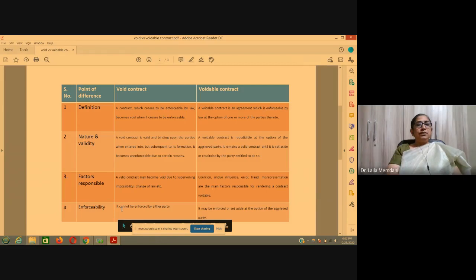A void contract cannot be enforced by either party, but a voidable contract can be enforced or set aside by the aggrieved party. The aggrieved party, if it wants, can go with the contract, or if it doesn't want, it can set aside the contract.